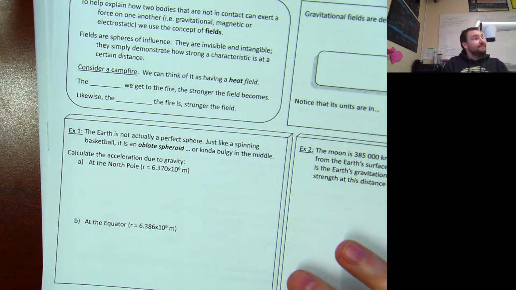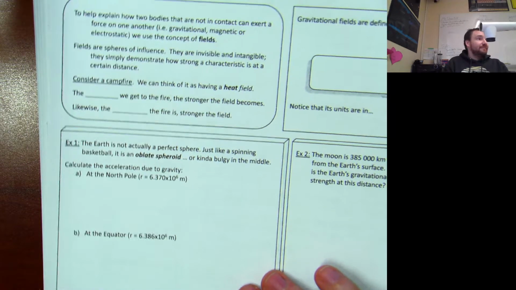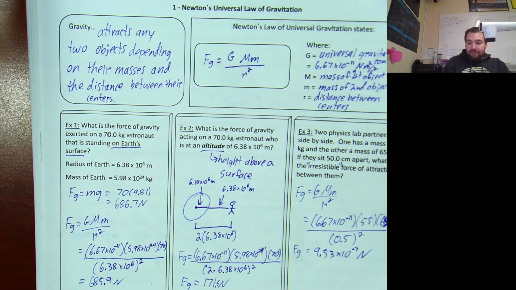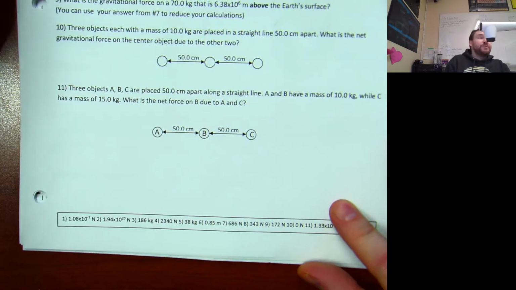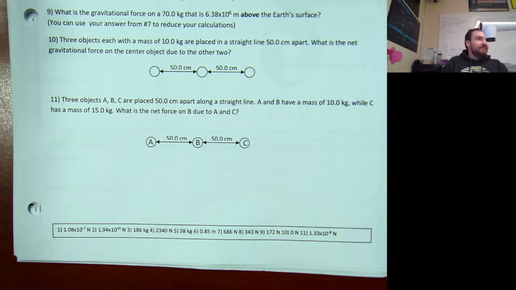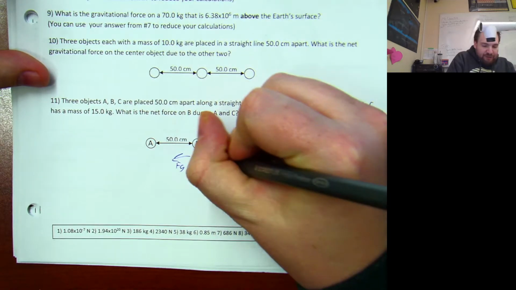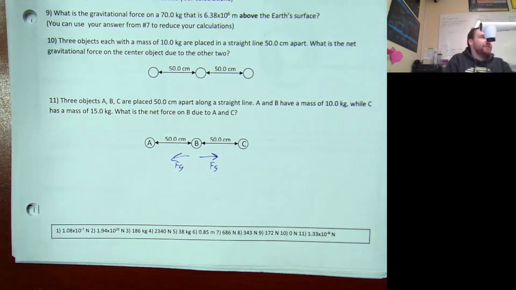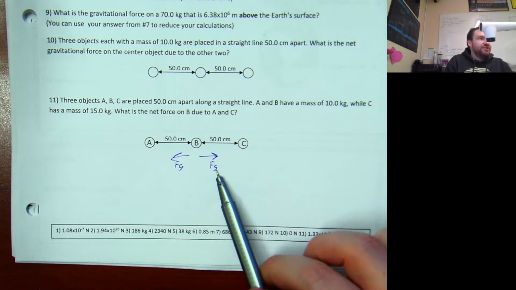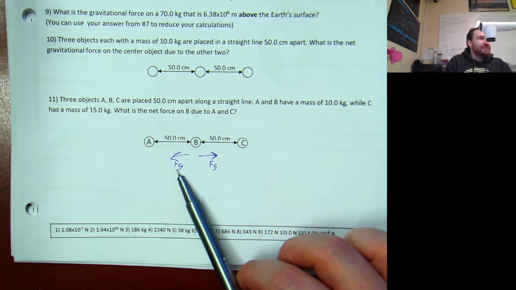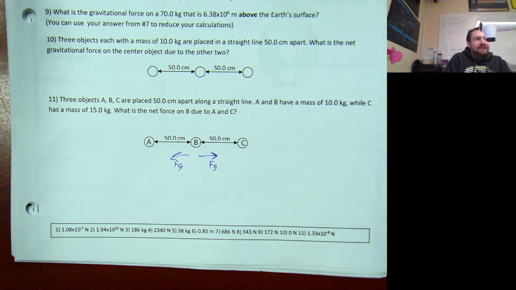How did you go about question 11? Because I got the answer, but I don't know my work is right. Oh, I'm sure your work is fine. I was thinking you'd get an FG this way and an FG this way, and we'd plug in those values. I know this FG is going to be 1.5 times this FG, but I don't know what that number is, so knowing that doesn't help me.